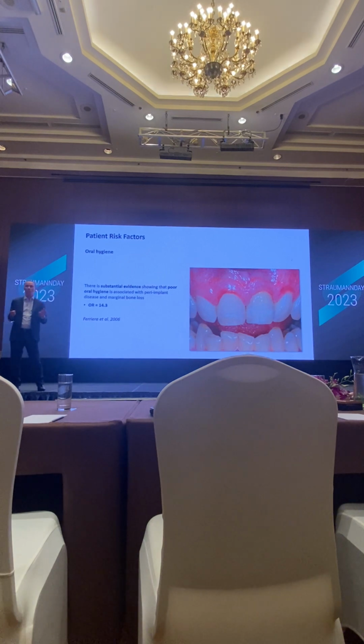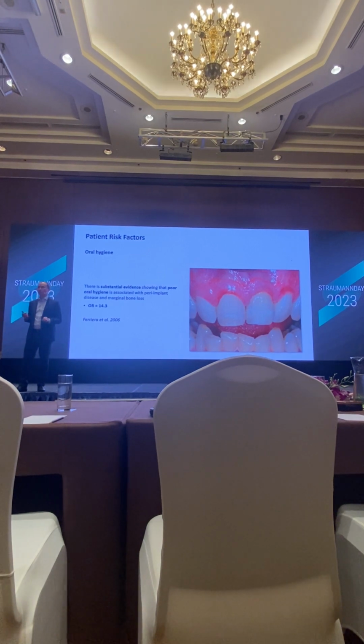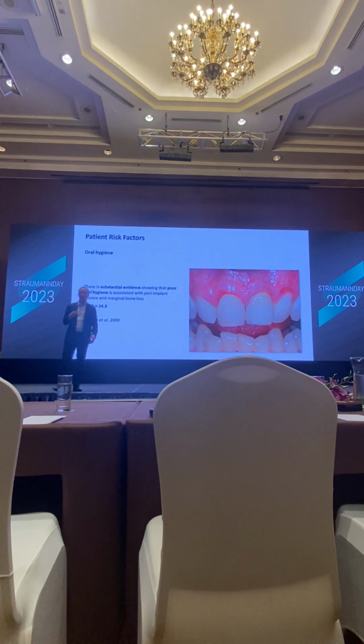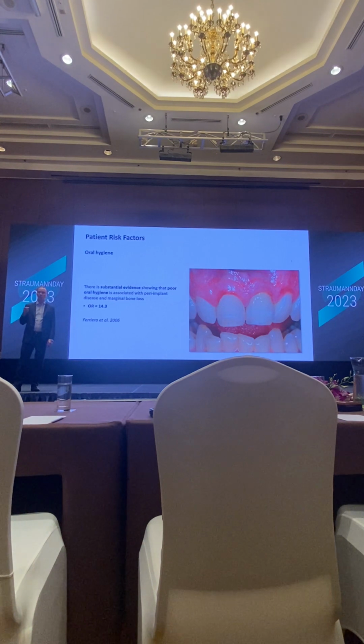I think the number one risk factor is oral hygiene, or lack of oral hygiene. So there is substantial evidence showing that poor oral hygiene is associated with peri-implant disease and marginal bone loss. So the odds ratio for this is 14.3. So what does this mean?